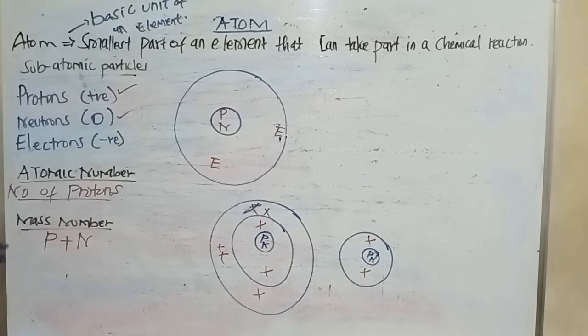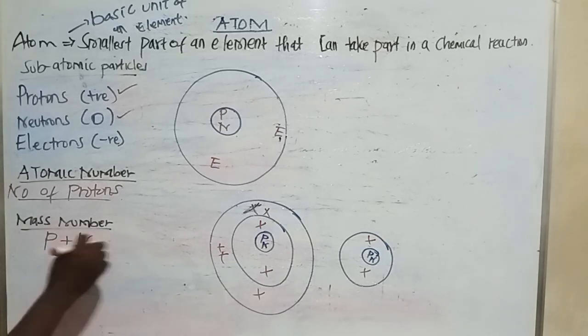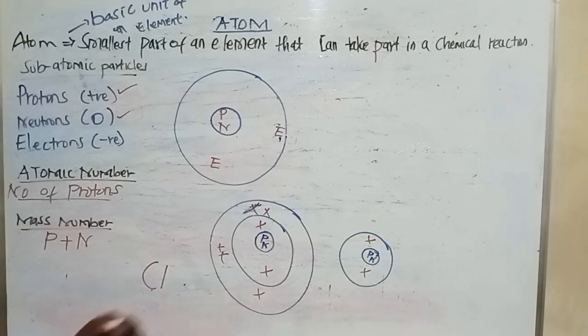Lastly, the last thing that we might talk about is the representation of atomic number and mass number in an atom. We're going to talk about chlorine. Chlorine is atomic number 17. So the atomic number is normally written down there.